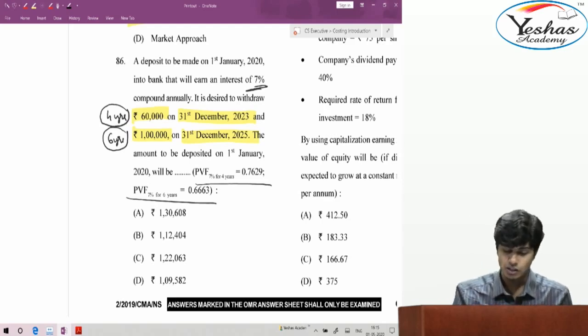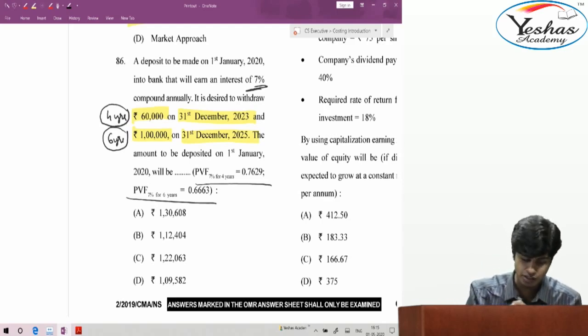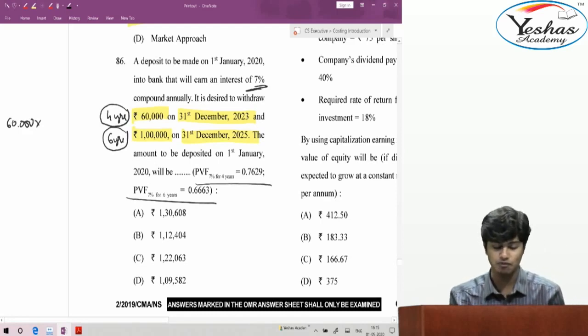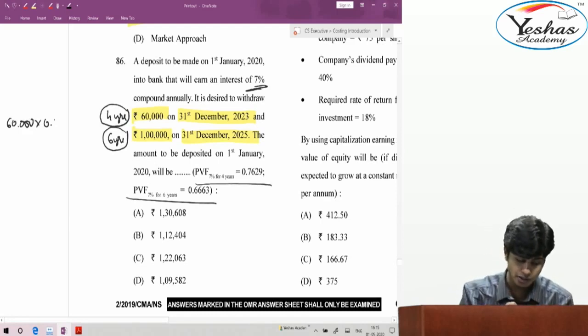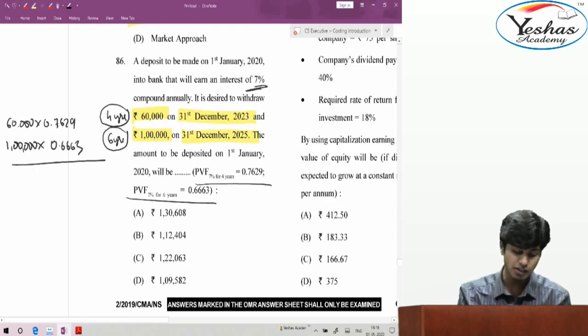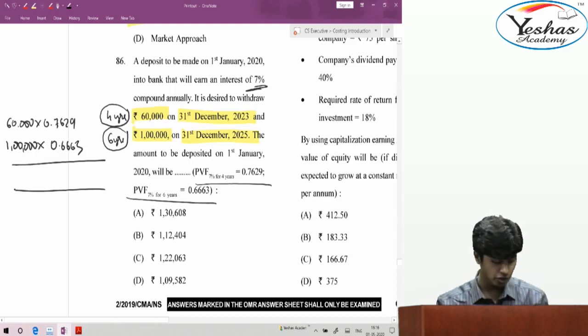So you want 60,000 after 4 years, so you do 60,000 multiplied by the present value factor for 4 years, 0.7629. And for 1 lakh rupees, you use 0.6663 because that is for 6 years. Whatever answer you get, if you total, that should be your answer.